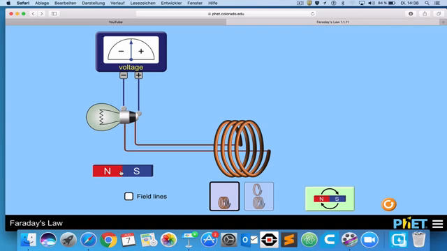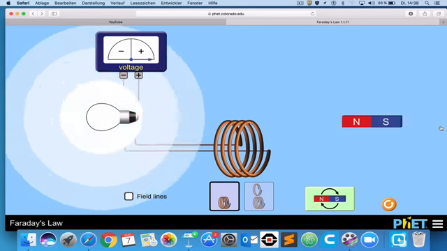In order for the light bulb to light, the amount of magnetic field, or the magnetic flux, inside that coil of wire has to be changing over time. If the magnet isn't moving, then the magnetic flux, the amount of magnetic field inside the coil, is not changing. And you can see it has to change over time. And the faster we change it, the brighter the light bulb gets.